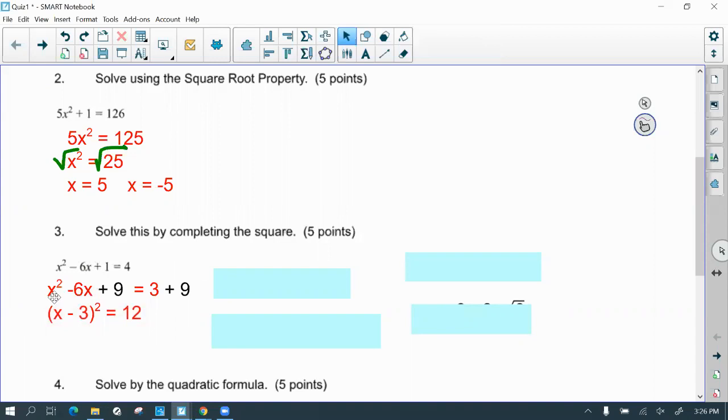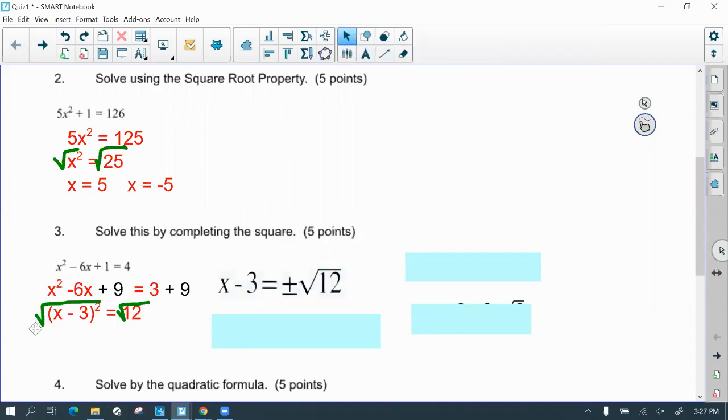And the whole point of completing the square is it allows you to factor it into a binomial squared. X minus 3 times x minus 3 will be x squared minus 6x plus 9. And then now you do the square root property. Take the square root of both sides, making sure you account for plus or minus.